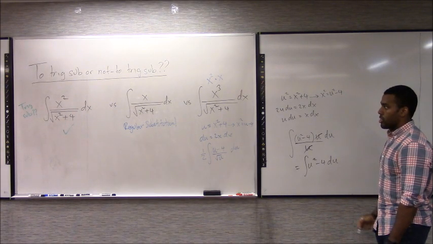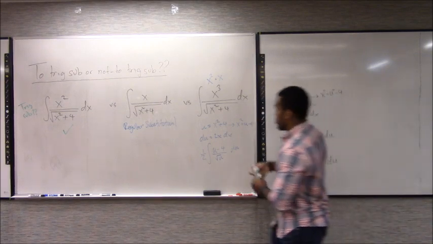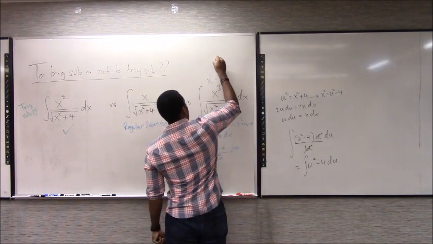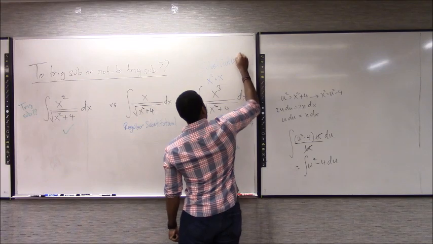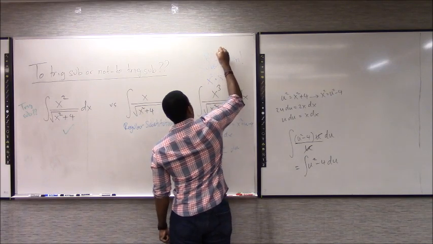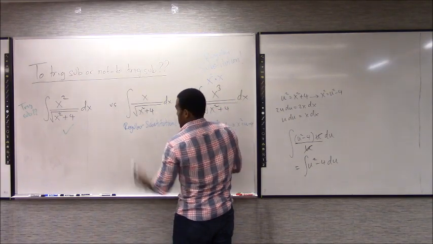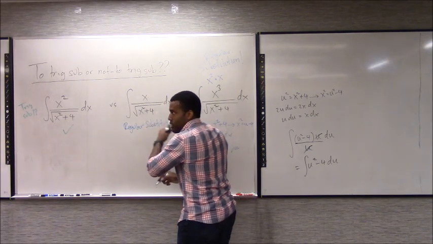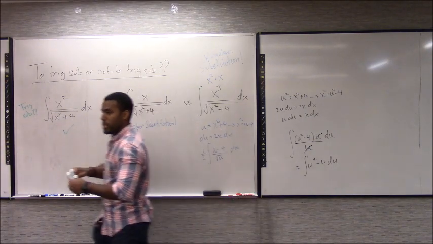Another thing here is this is a regular substitution. Not that it can't be done by trig substitution. These can be done by trig substitution. It'll just be a much more inefficient way to do it.